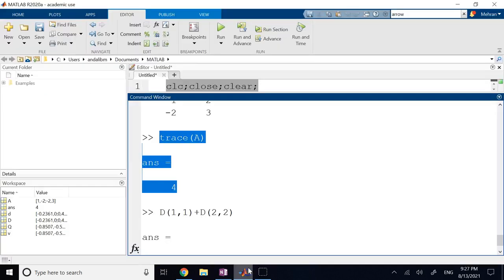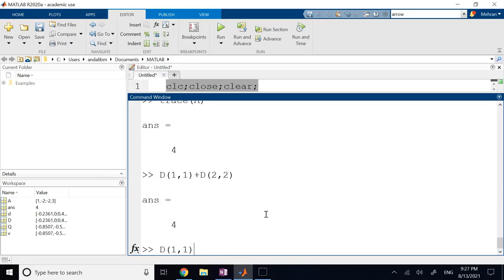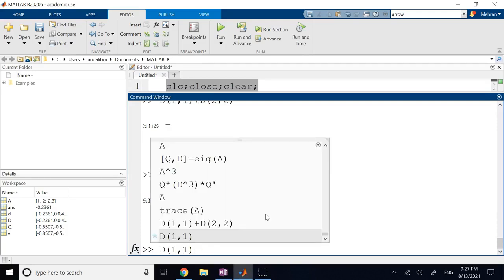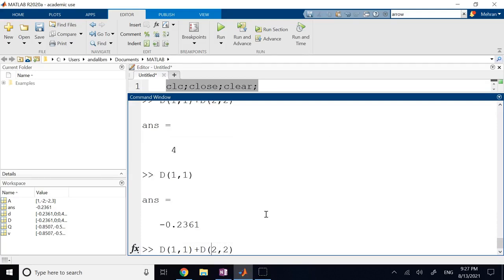In this case, my matrix has no eigenvalue of 0. This is 1, the other one is this number. None of them is 0, which means I have two non-zero eigenvalues, so if I ask what is the rank of A, it is going to be 2, right? But if one of these eigenvalues was 0, then the rank of A would be 1.